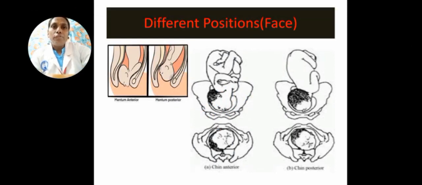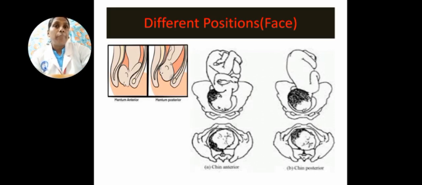And in case of face presentation, we call the position like this. Here the denominator is the chin, or else we say mentum. So like in other presentations, even in the face we have anterior position and posterior position.